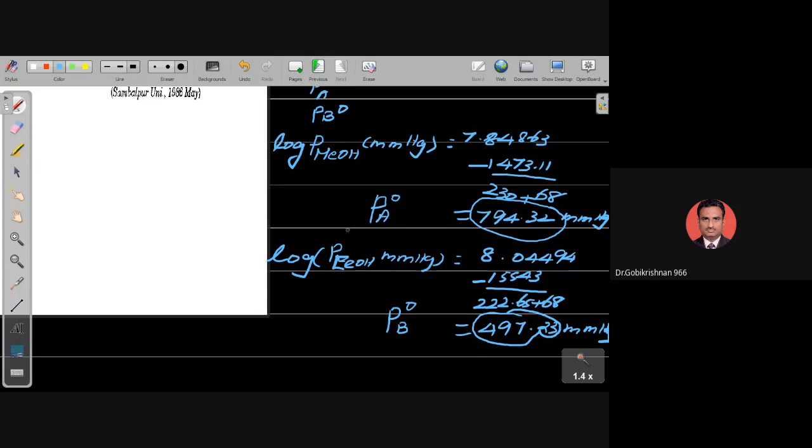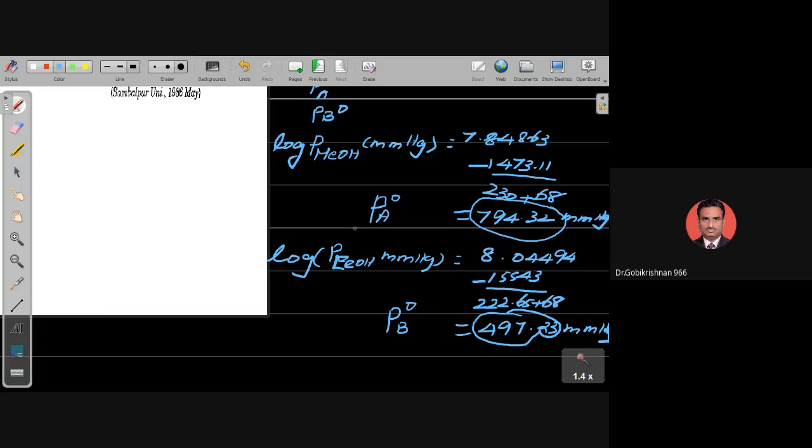For the selected temperature, first you have to find out what is the PA0 and PB0. The first step is to find the boiling point of pure methanol and the boiling point of pure ethanol, by using the total pressure of the system.